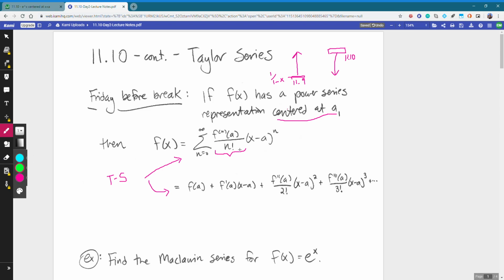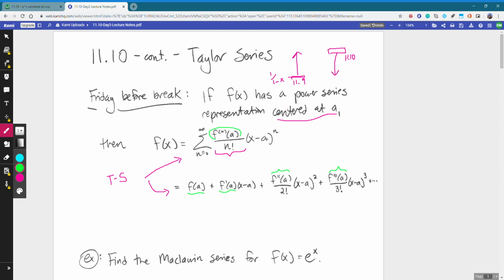In order to find what this Taylor series is, we really just need to figure out what all of these derivative values of our function evaluated at our center are, and just plop them in where they go. We can do that one at a time in expanded form here, or if we want the summation notation standard form, we need to figure out the formula for the nth derivative evaluated at our center.